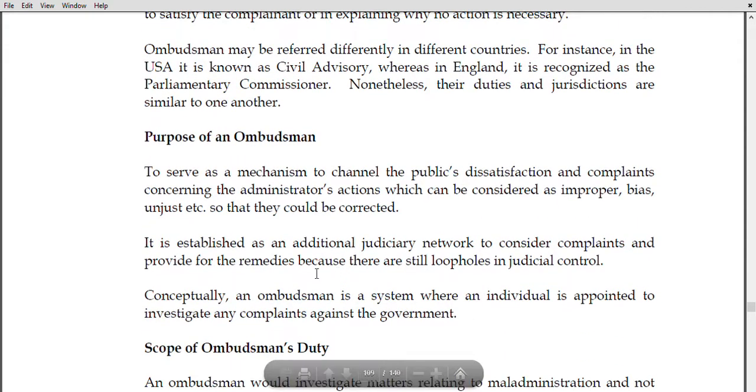So, what is the purpose of an ombudsman? First, to channel the public's satisfaction, dissatisfaction, and complaints concerning the administrator's actions which can be considered improper, biased, or unjust, so they can be corrected.